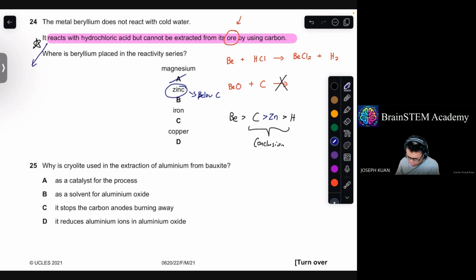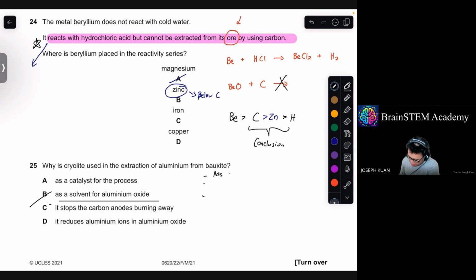Now, 25. Why is cryolite used in the extraction of aluminium from bauxite? Because cryolite has three purposes. One, it acts as a solvent for aluminium oxide.